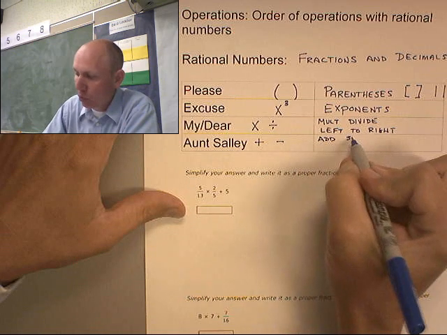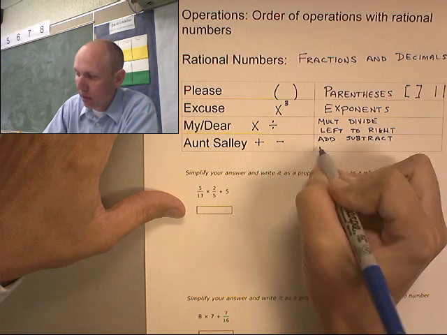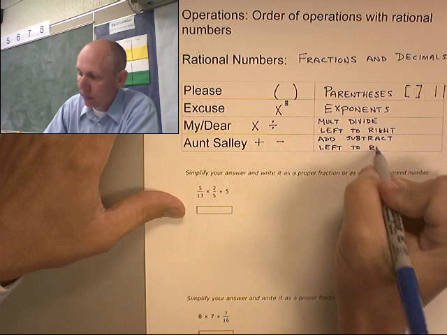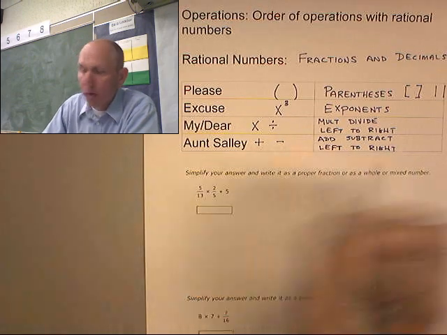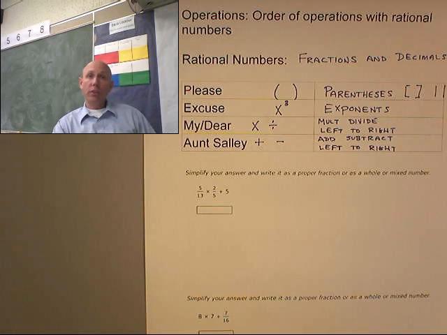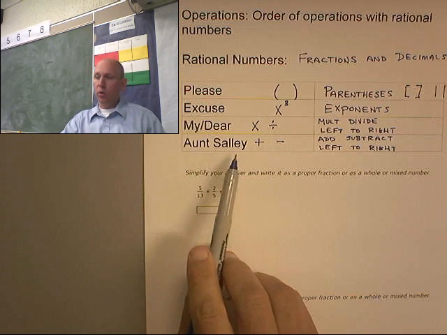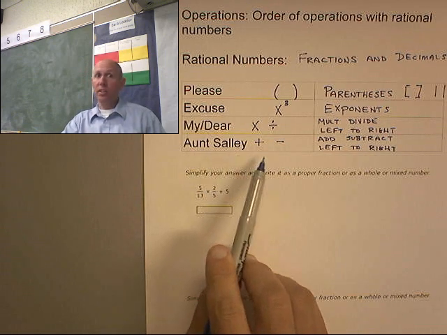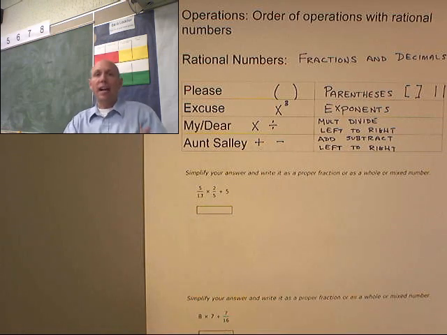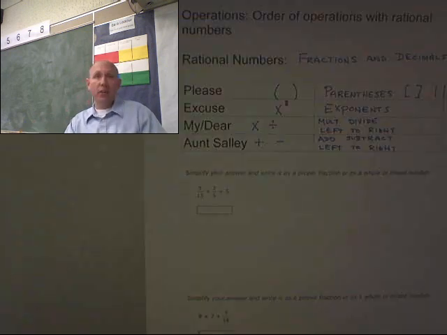Add, subtract, left to right. Remember that left to right thing means that whatever you come to first, you do first. So if I get to an addition, I do the addition, then I keep going across, then I come to another addition, I do it. I get a subtraction, I do that subtraction. Come across, hit another addition, I do that addition. I go left to right, and I do whatever I need to do.